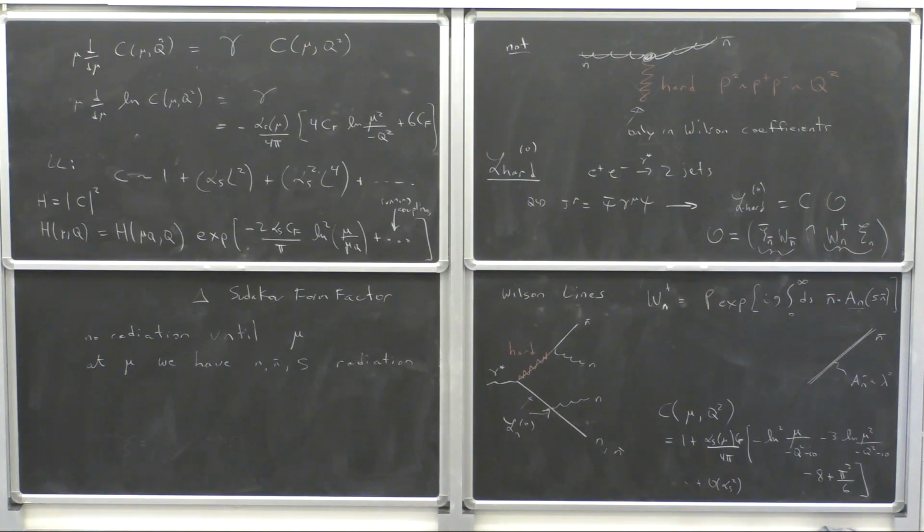Okay, so I have a few things to tell you. We can use this effective field theory and we can derive what are called factorization theorems or factorization formulas that describe differential cross sections. And in this case of e+ e- to 2 jets, I just want to give you a feeling for what that would look like.